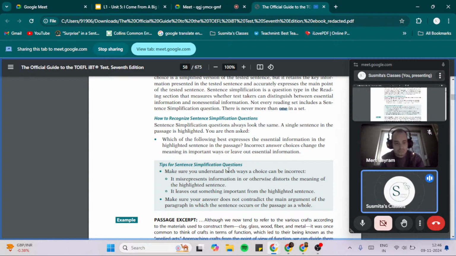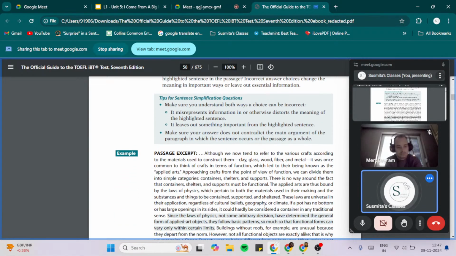Now you have to understand both ways a choice can be incorrect. Either it misrepresents the information or otherwise distorts the meaning of the highlighted sentence. It will either misrepresent the information or totally change the meaning of what is being said in the highlighted sentence, or it leaves out something important that is there in the highlighted sentence.